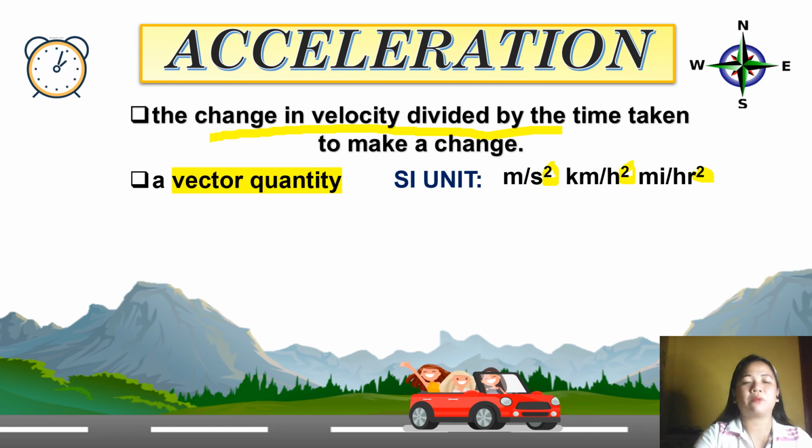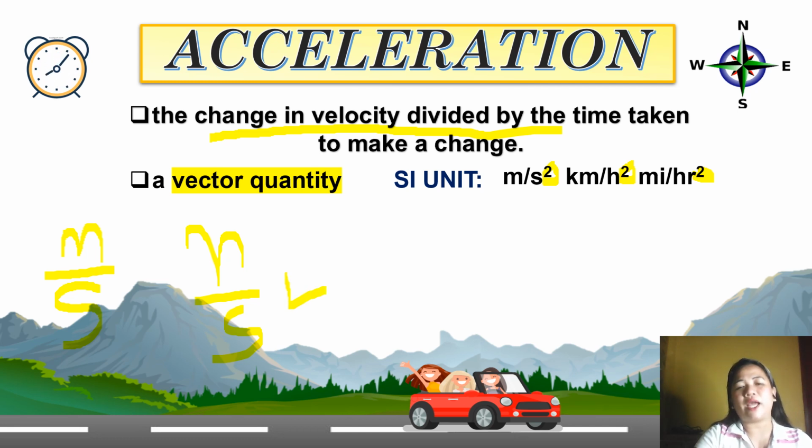Always remember, okay, for the speed, ang unit niyan, for example, ay meter per second. Speed yan. Pero the moment na nagkaroon ng meter per second going to the east, ito na ngayon ay velocity. Bakit velocity? Kasi po, siya ay may direksyon.